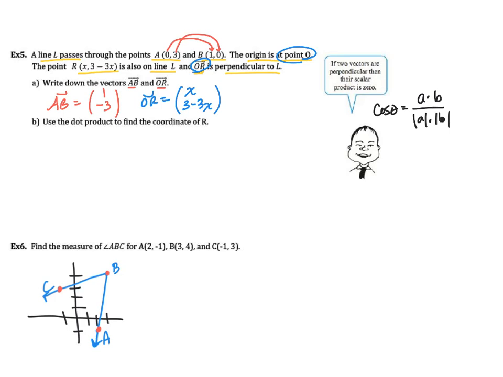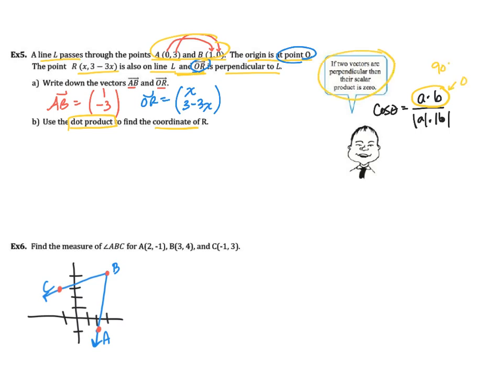Now the next part says use the dot product to find the coordinate of R. Well, remember up here it says line L passes through these 2 points A and B, and line L is perpendicular to OR. So remember in our previous example when we had an angle between two vectors at 90 degrees, then our numerator was equal to 0.